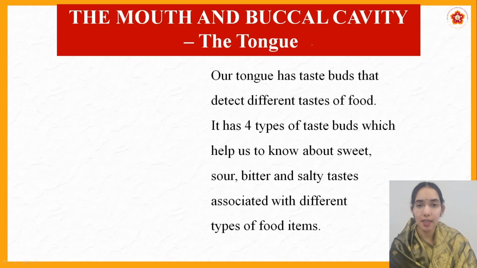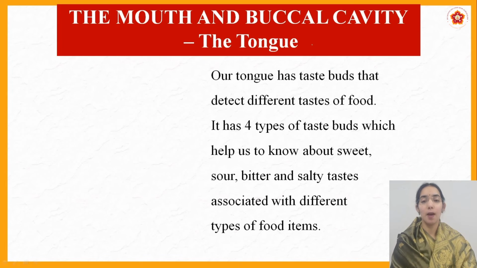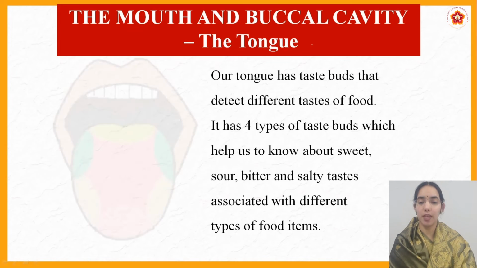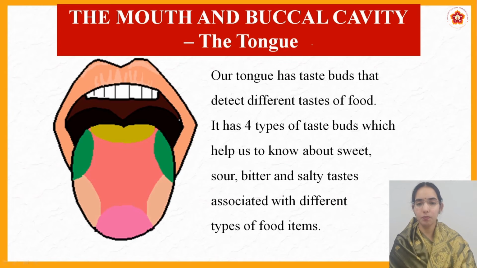And the interesting thing is that these taste buds, like the one which is used to taste sweet, will be only in one portion of the tongue. The one which is used to taste the bitter will be concentrated in one portion of the tongue. So let's see what are the various portions where the different types of taste buds are present.